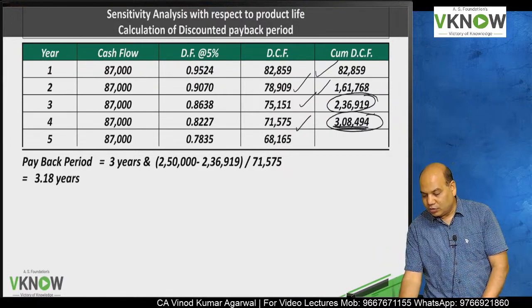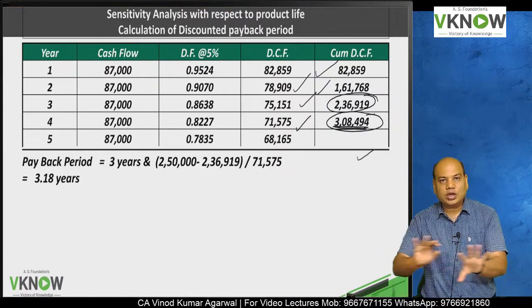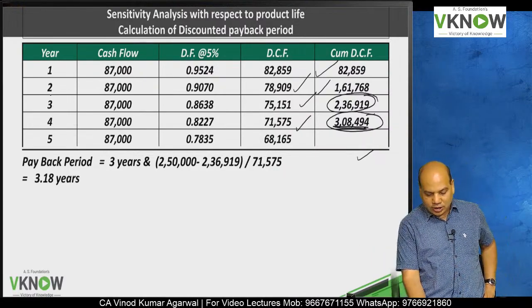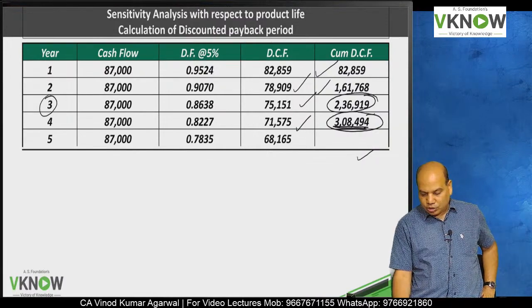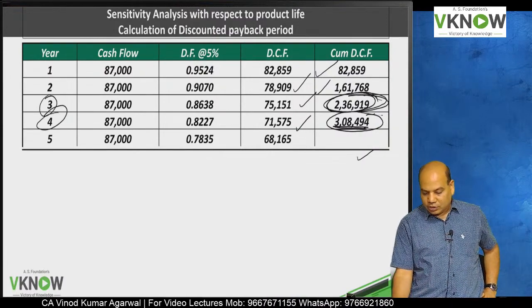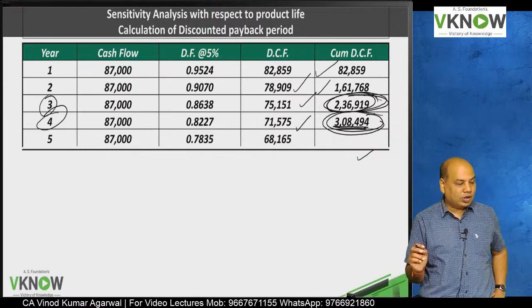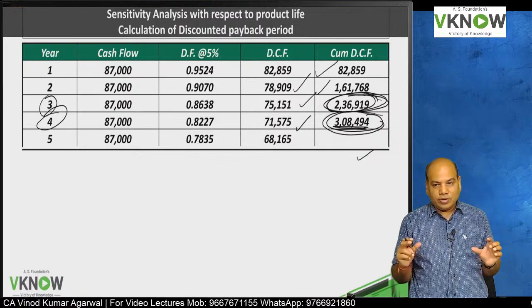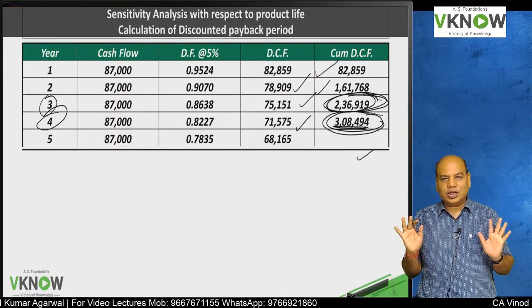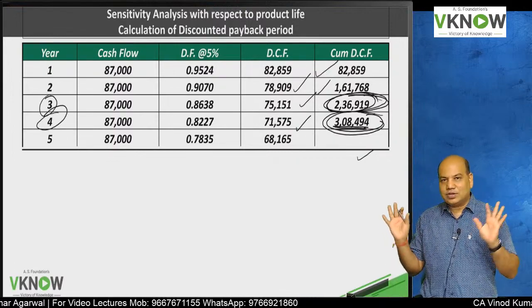After this, even if you write anything here, it won't affect your answer. So in 3 years, we are able to recover 236,919. In 4 years, we are able to recover 3,08,494. Somewhere between 3 and 4, you are going to recover your initial investment.